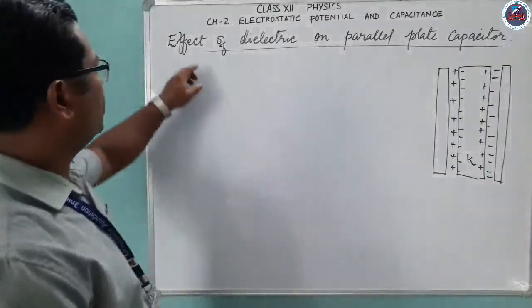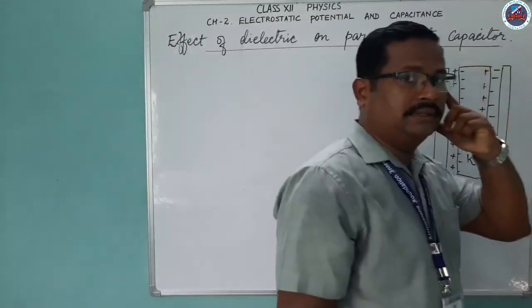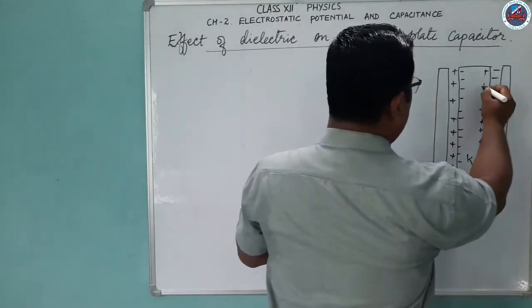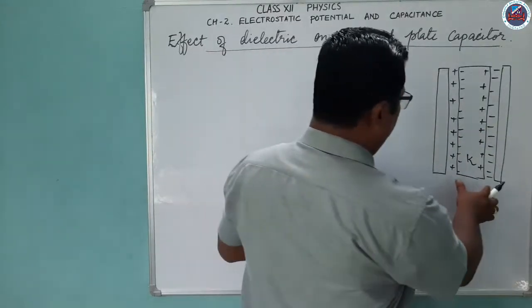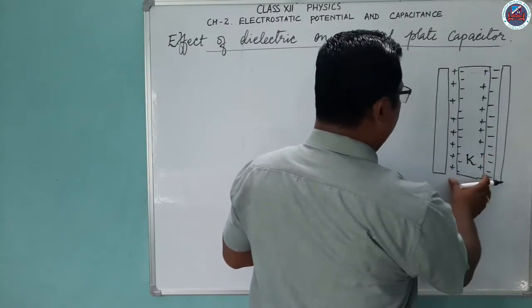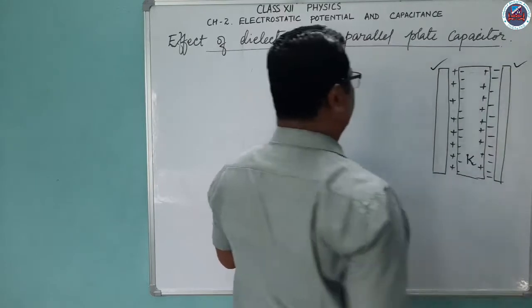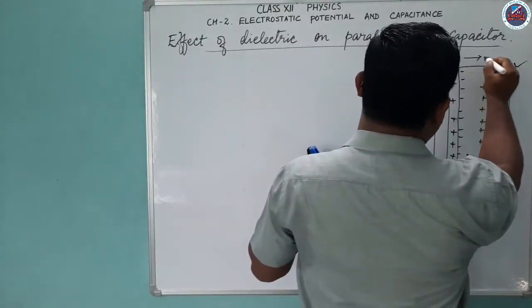Now let us discuss the effect of a dielectric on a parallel plate capacitor. A dielectric with dielectric constant K is inserted between the two plates. This is your positive plate and this is your negative plate, and you are applying an external field E naught.